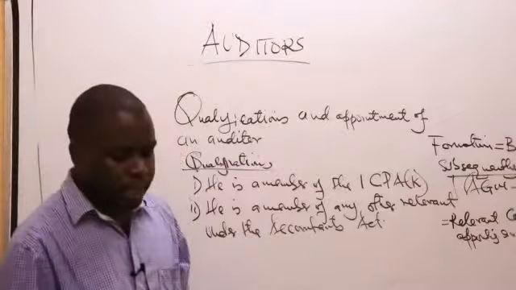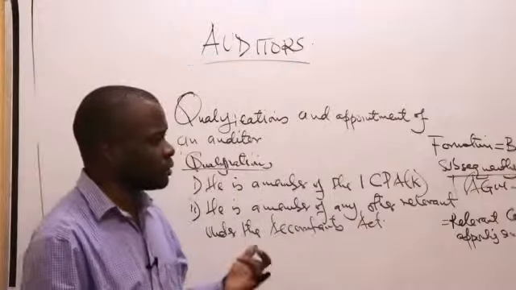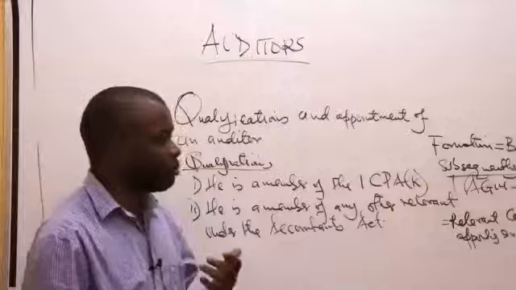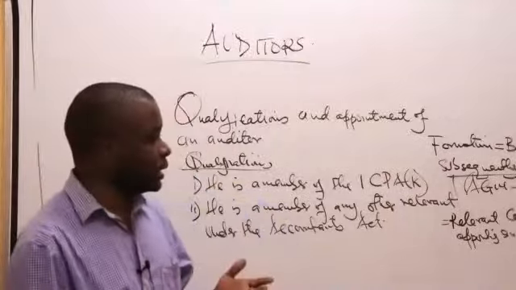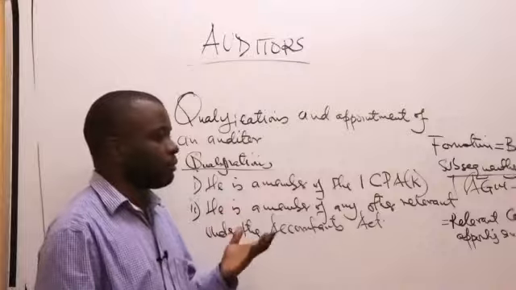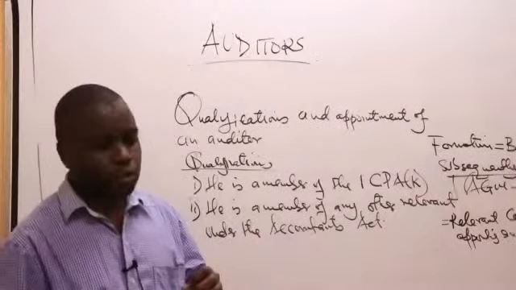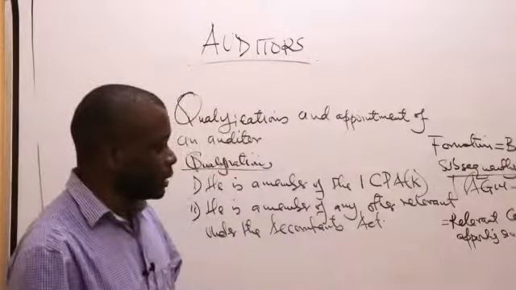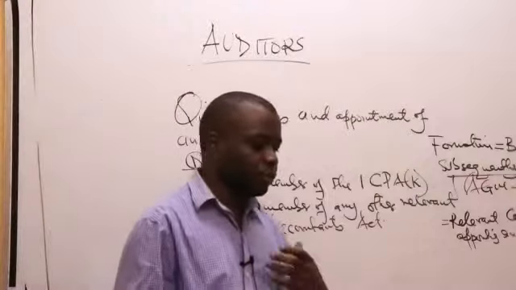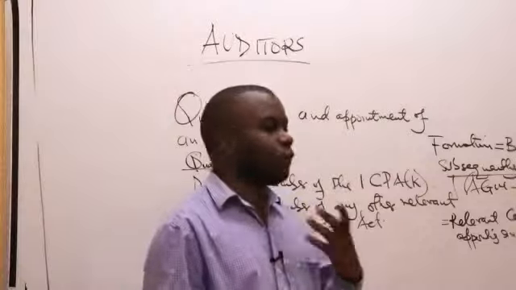What will normally happen is that the previous auditor, if his term has not come to an end, will automatically be reappointed, unless other circumstances have fallen in place, for example, he is not qualified to be reappointed. You could be asking, how could he not be qualified to be reappointed, yet he has been serving as an auditor of the company?